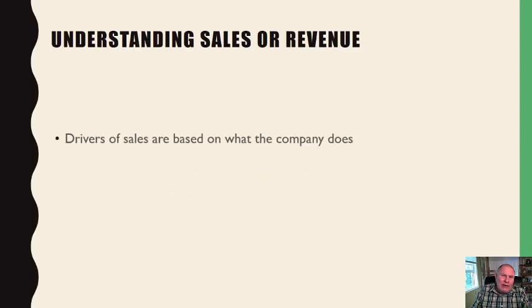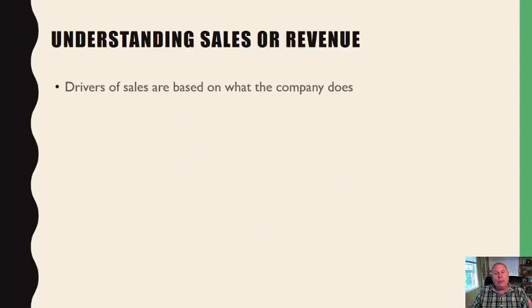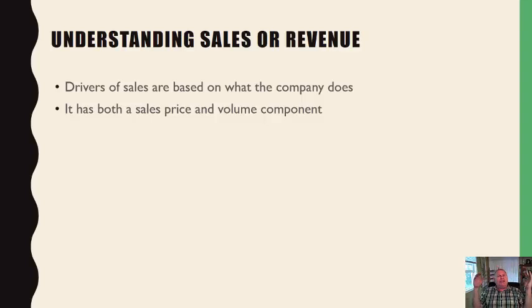The drivers of sales, what makes them up, are based on what the company does. With Geneseo Coffee Company, they buy coffee beans, they roast coffee beans, and they sell them. That's all they do. It has both a sales price component and a volume component.